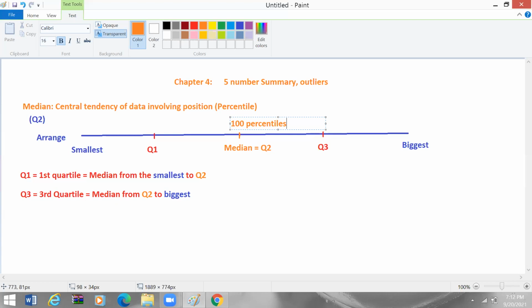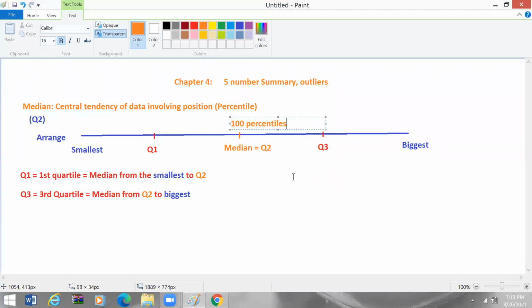Let's say we have 10 data values, regardless of the value. Each data value is going to be 10%. Let's say the first number is 1, the second is 5, and the third is 10. Even if the differences are very large, they still occupy the same percentile. That's the meaning of it.